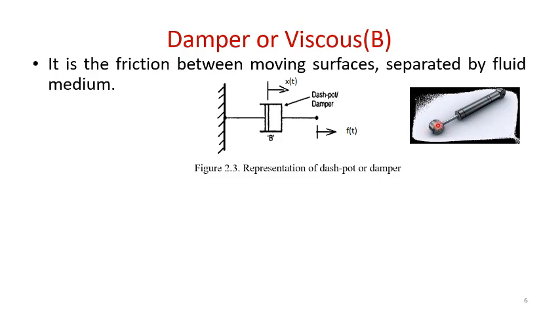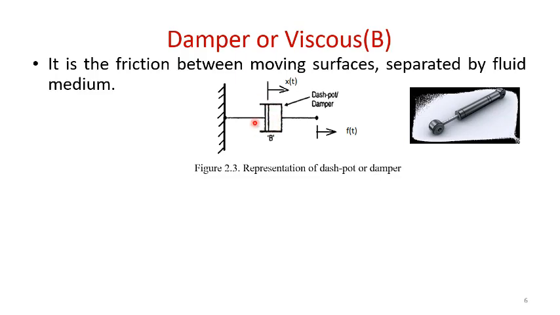The force is applied here, and one end is fixed while the other end is movable. When you compress it, the fluid rushes from one part of the cylinder to the other part, and the flow of fluid is restricted.